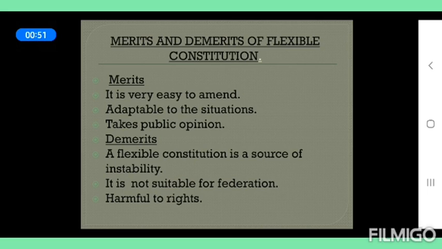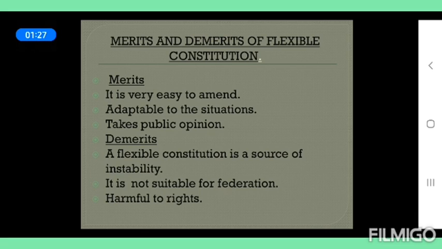For example, there is no difference between an ordinary law and a constitutional law in a flexible constitution. In rigid constitutions, we can see a clear demarcation between ordinary laws and constitutional laws, and there the constitutional law is supreme. But in flexible constitutions, ordinary laws and constitutional laws are similar.